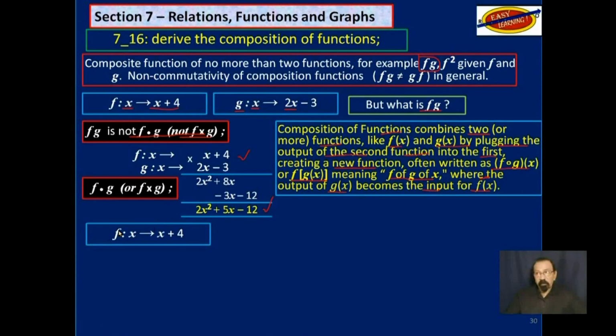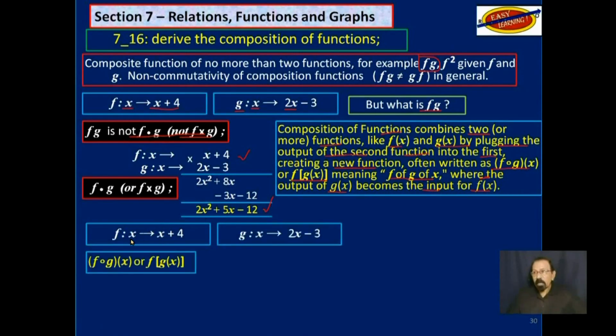So let's consider this carefully. If we want to find f of g of x, remember g of x is this. F of x is that. So if we want to find f of g of x, we will take out that x there and put in this g of x in its place. So let's see how that goes. We know g of x is 2x minus 3.